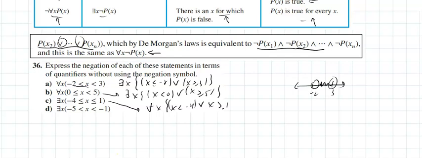I'm sorry, I was looking at E. And if you look at E, what's the negation of that? Well, for all x such that x is less than or equal to -5 or x is greater than or equal to... And that would be the end of the section.